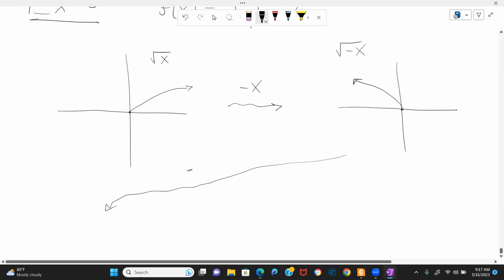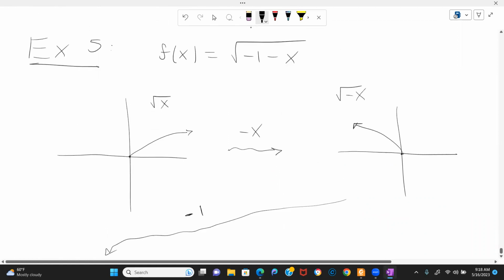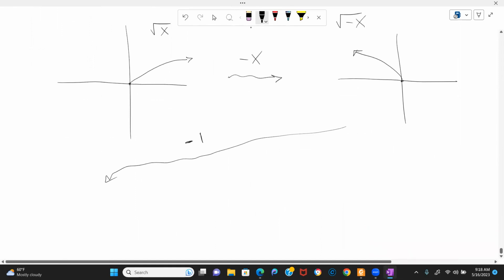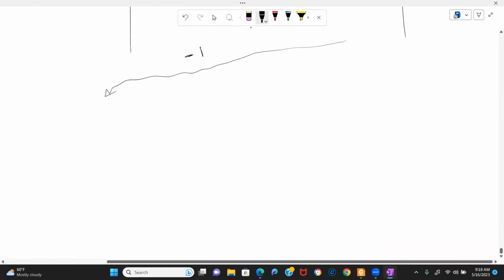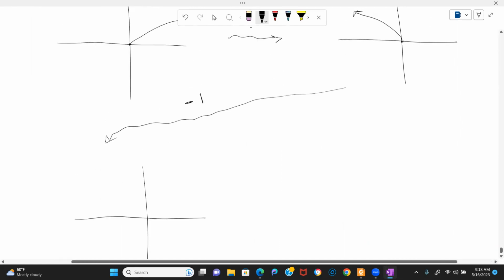And then this is subtracting 1 right here. When you subtract 1 from the x or add -1 to the x, that has the effect of a horizontal shift to the left. So you're going to shift this whole graph over. So it started at the origin, and that was an x-intercept, and then that point's going to move over here. So it's going to start here and then open up like that.